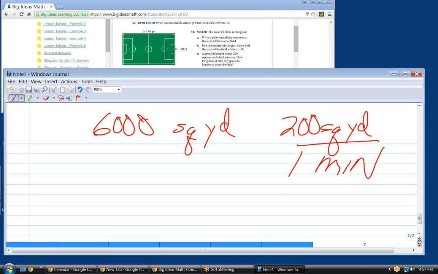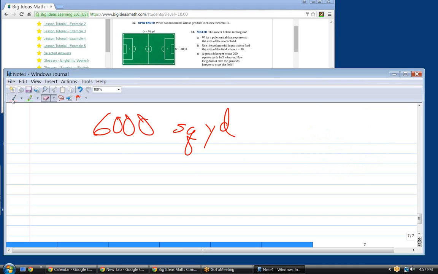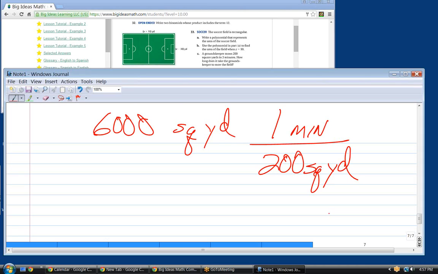I need to put the 1 minute on top, the 200 square yards on the bottom, because we're trying to get rid of yards, and we want our answer to be in minutes. So if he could do 200 square yards per minute, that's 1 minute per 200 square yards also.